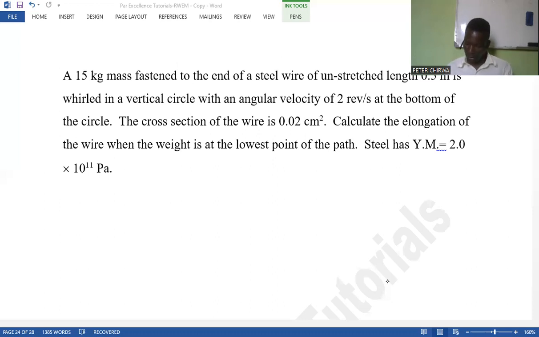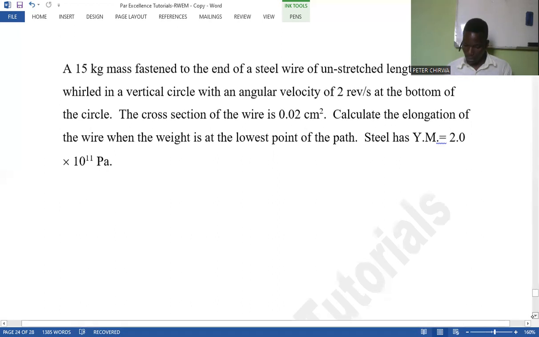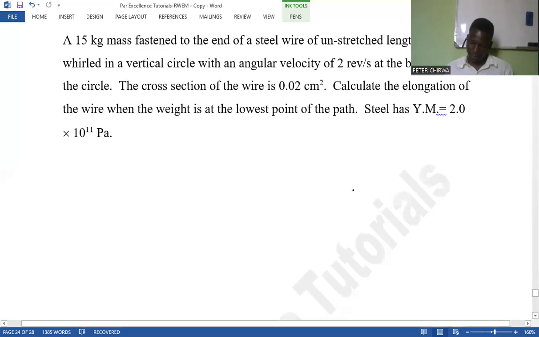All right, so this we have a system like this. Right, so this system is not moving in a horizontal, but it is moving in a vertical path.